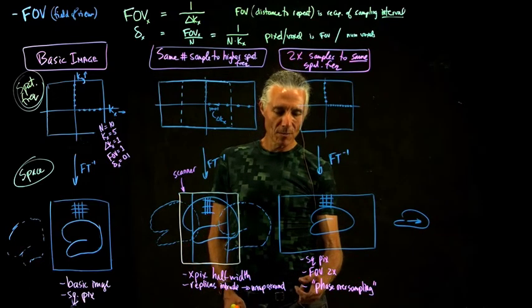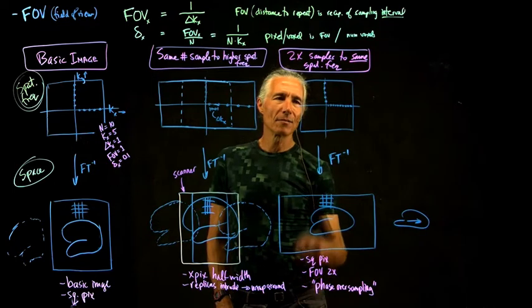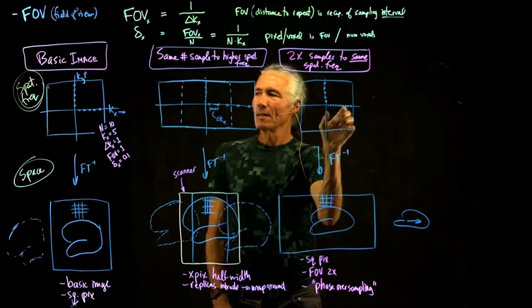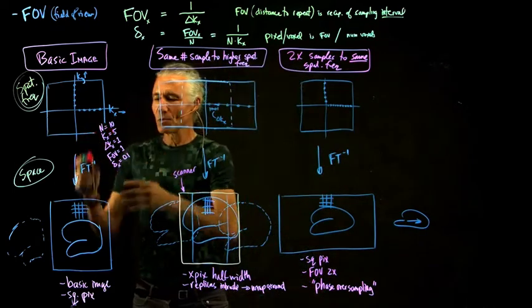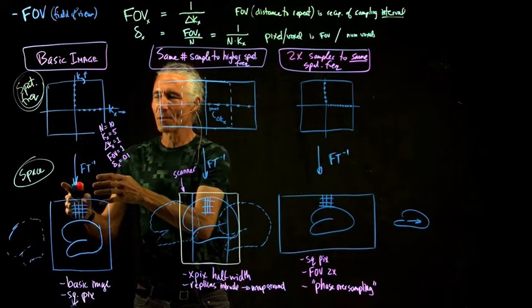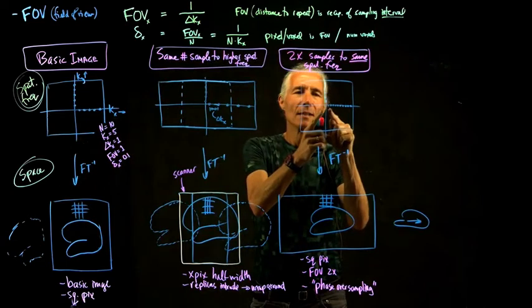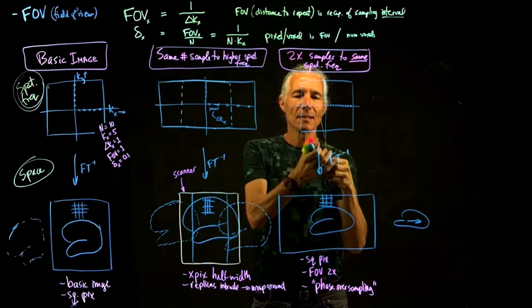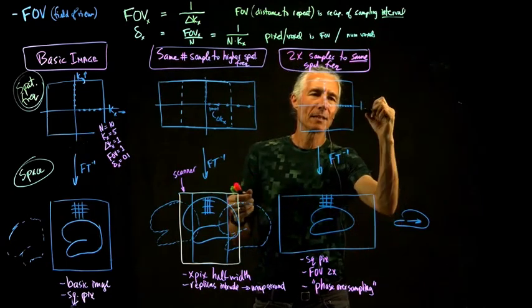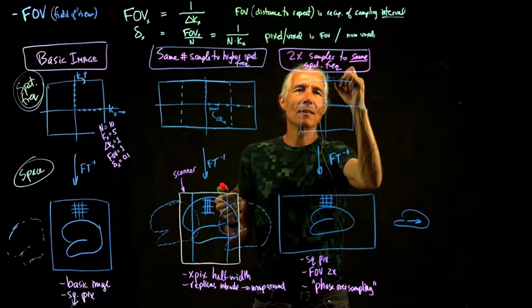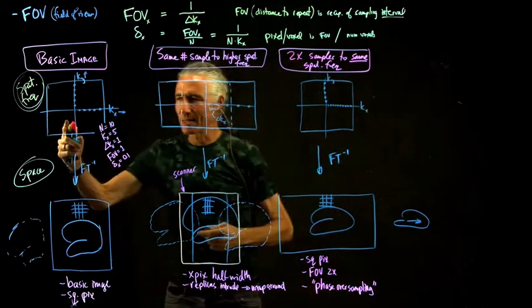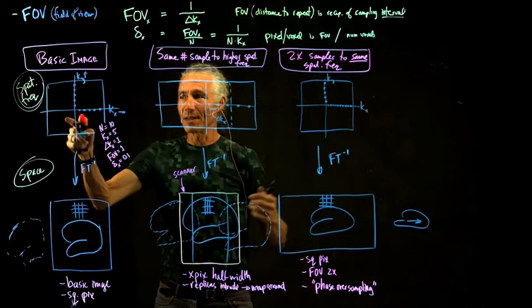That's confusing, what it's called on the scanner. It's all relative to this default setup. And so phase oversampling means scrunch in more samples in the kx or ky direction relative to this, and it's in percent of this.